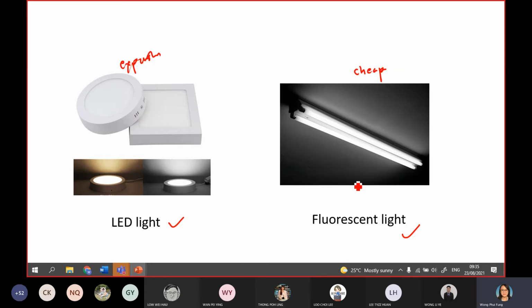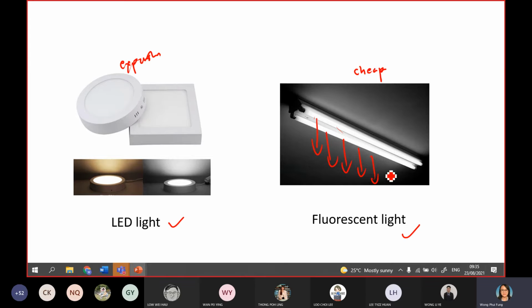But then problem is fluorescent light, they will break down, and they will actually spoil more often. And also when you install fluorescent light, you will feel very hot under the light, because they emit a lot of the heat, which makes you not so comfortable. Then as a result, you need to on more fan, you need to on more aircon.